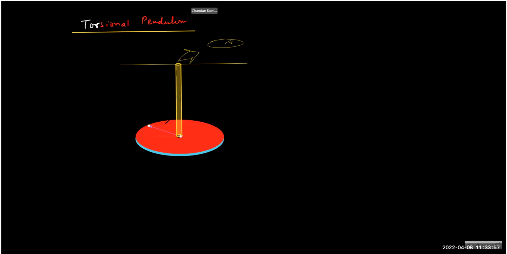And the radius of the disk, let's call it capital R. So capital R is definitely much bigger than small r.